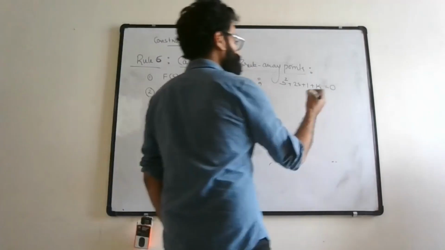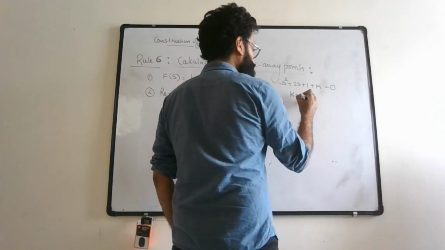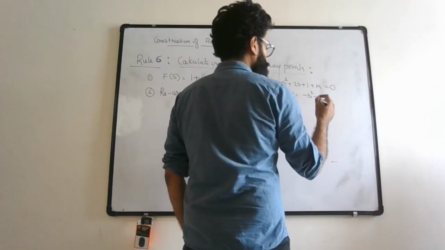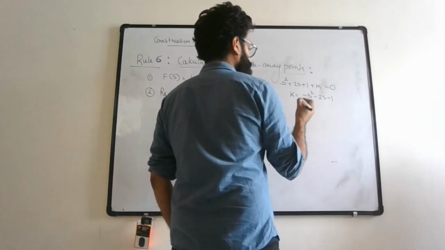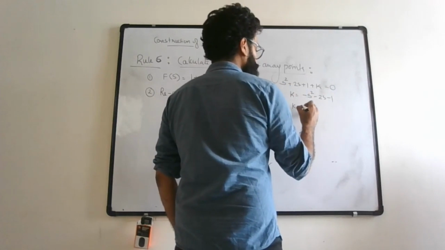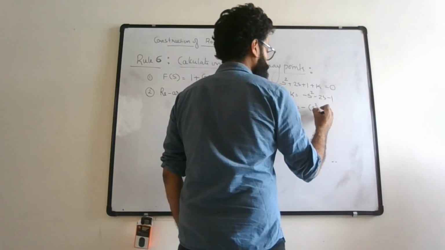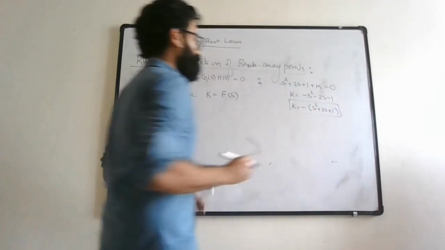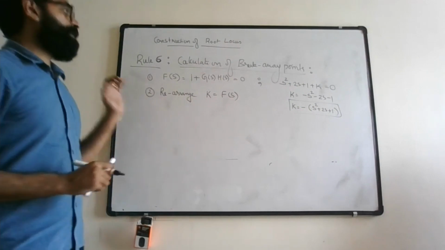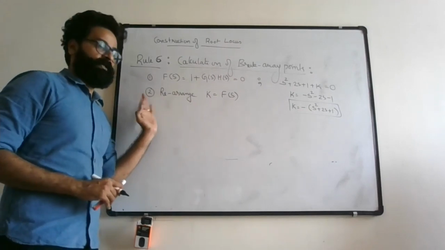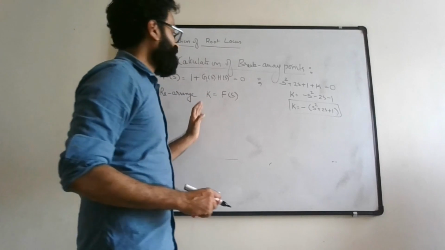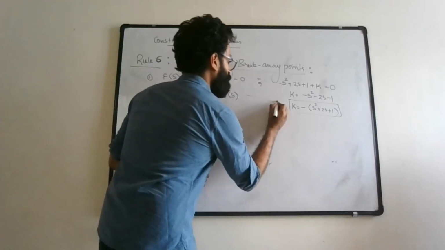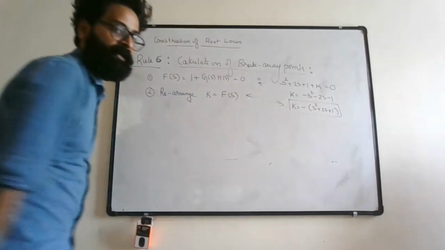What you can do is write k equal to minus s square minus 2s minus 1, or k equal to minus of s square plus 2s plus 1. So rearrange the equation with k on the left hand side and factors of s on the right hand side.